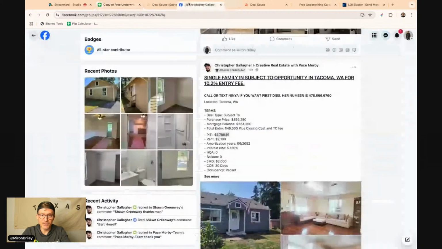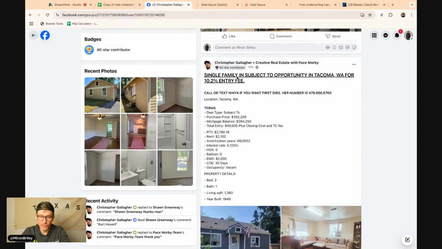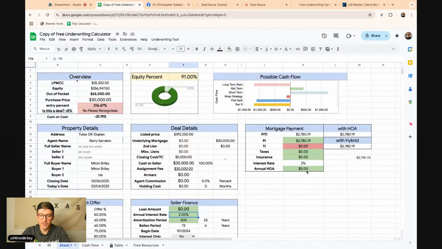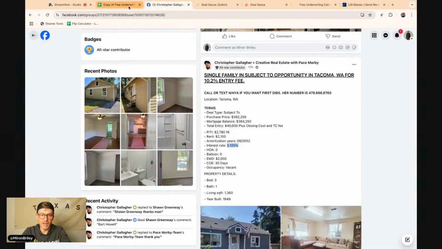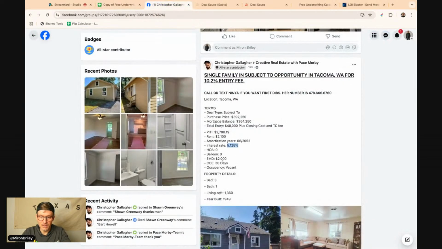So it looks like I'm not going to have seller finance. It's a 3/1, 1949. It is in Tacoma, Washington. So the rent is $2,100. The interest rate's 5.125. Entry fee is $40K. So let's say it's 20 and 20. I don't know. EMD 2000.